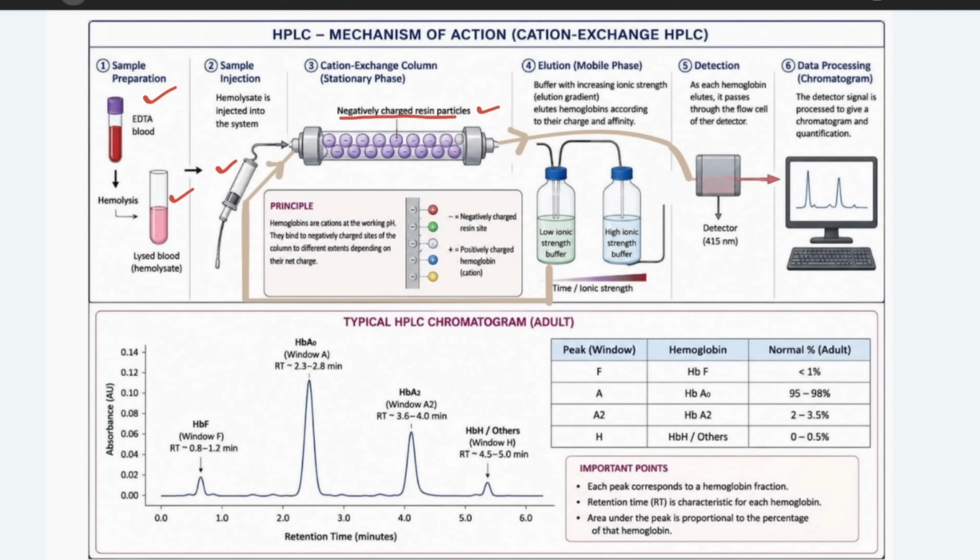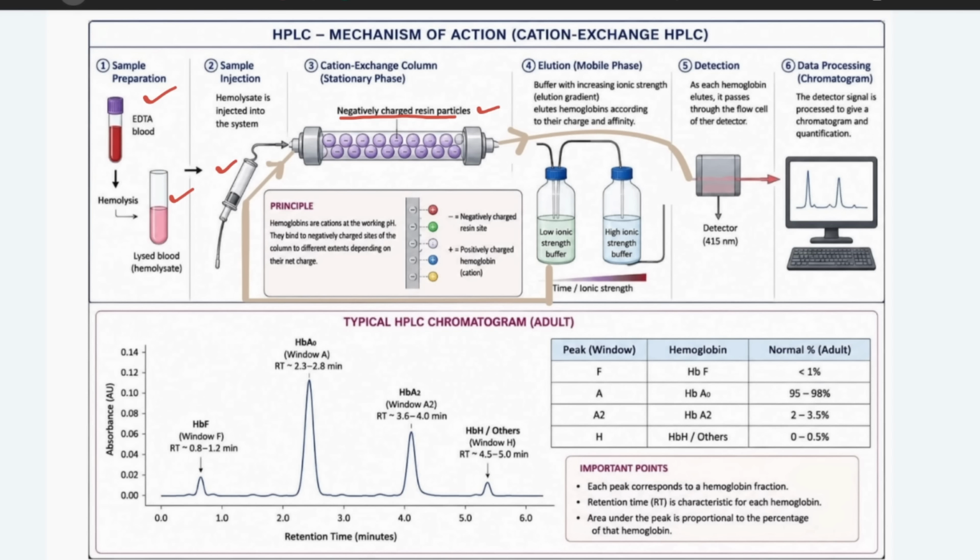So the hemoglobin fractions which have fewer positive ions on them bind weakly with the resin particles, and those hemoglobin fractions which have more positive ions bind strongly with the resin particles. Now comes the mobile phase. The mobile phase is a buffer with increasing ionic strength. Usually a sodium chloride solution in increasing ionic strength is used as a mobile phase.